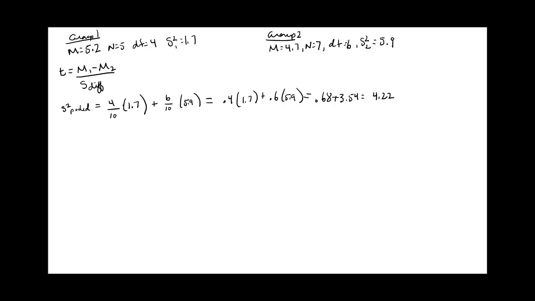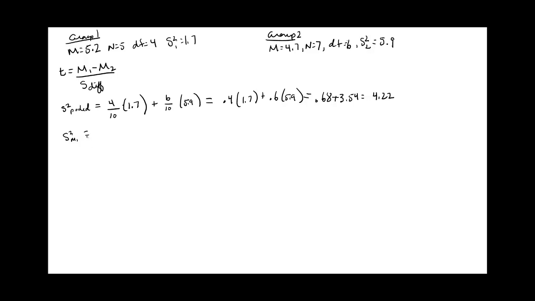Now, after that, we calculate each sample's distribution of means. And we do that by taking the variance of the distribution of means from the first group, which is equal to the pooled variance divided by the number in the sample.